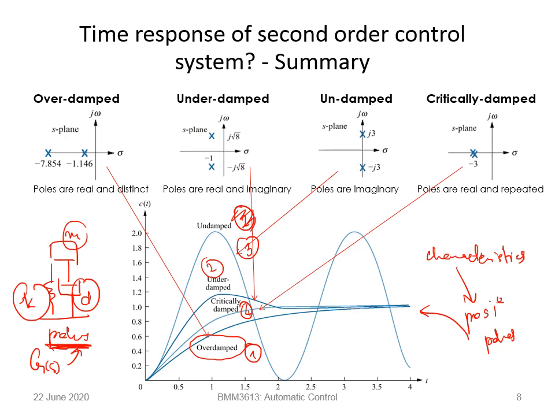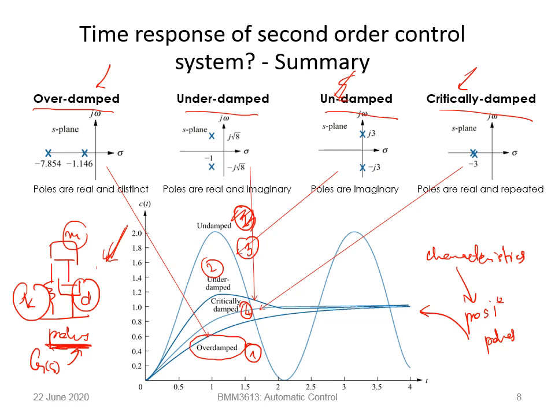So how does it change? It can fall into these four categories: either overdamped, underdamped, undamped, or critically damped. So when you design a system, for example, this damping system, if you want the system to respond without any undulation, you should choose, for example, an overdamped or critically damped response, right?